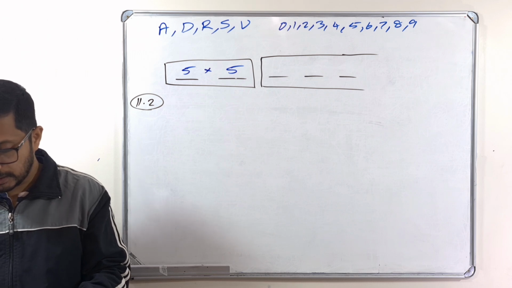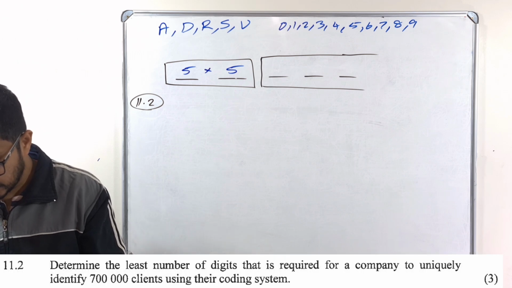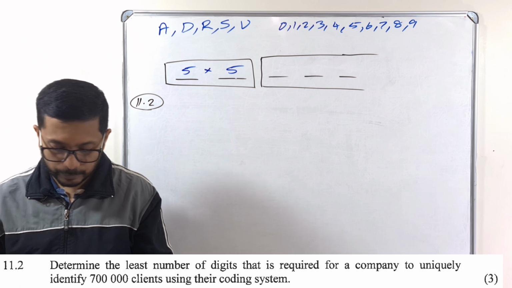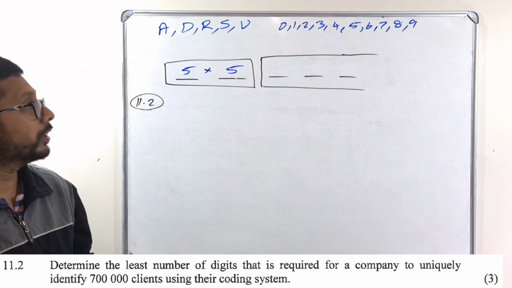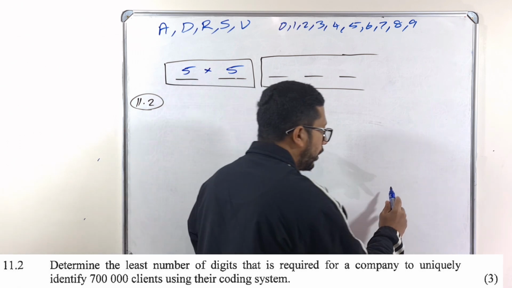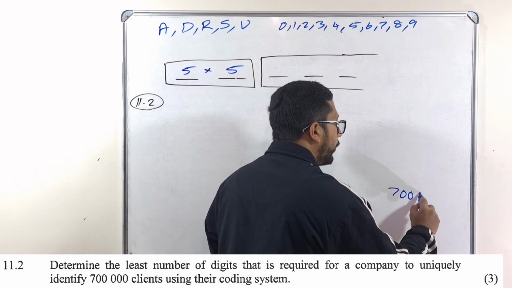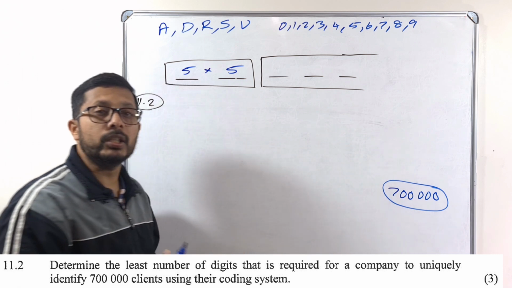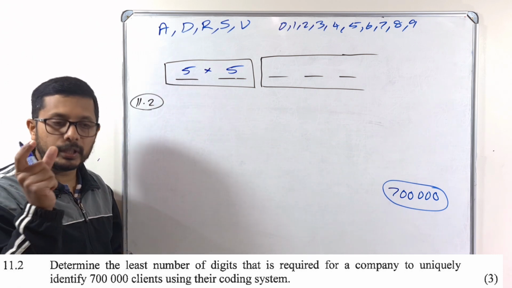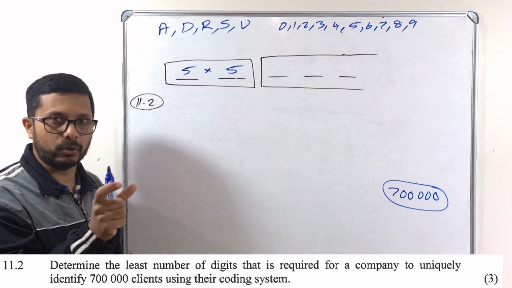You have to find the least number of digits required for a company to identify 700,000 clients. Each of those clients must have a unique ID code.